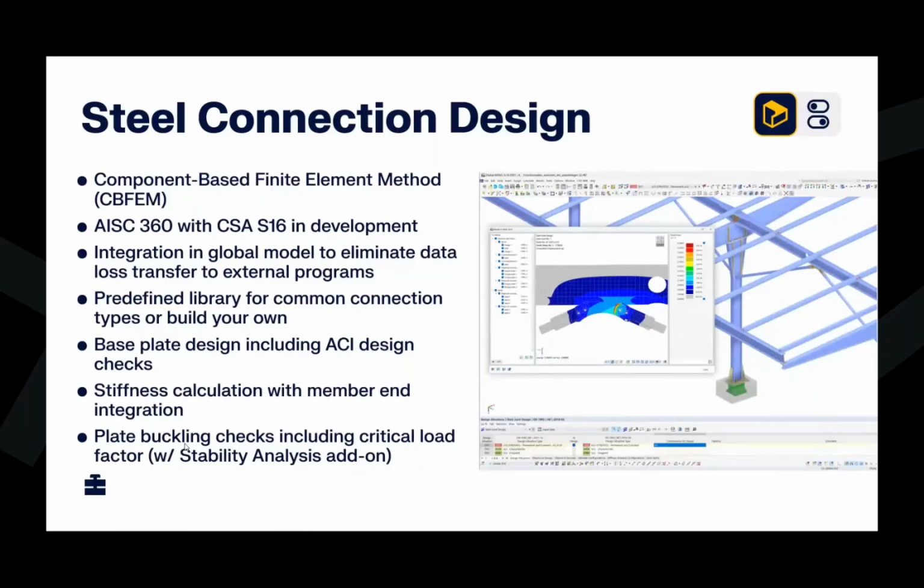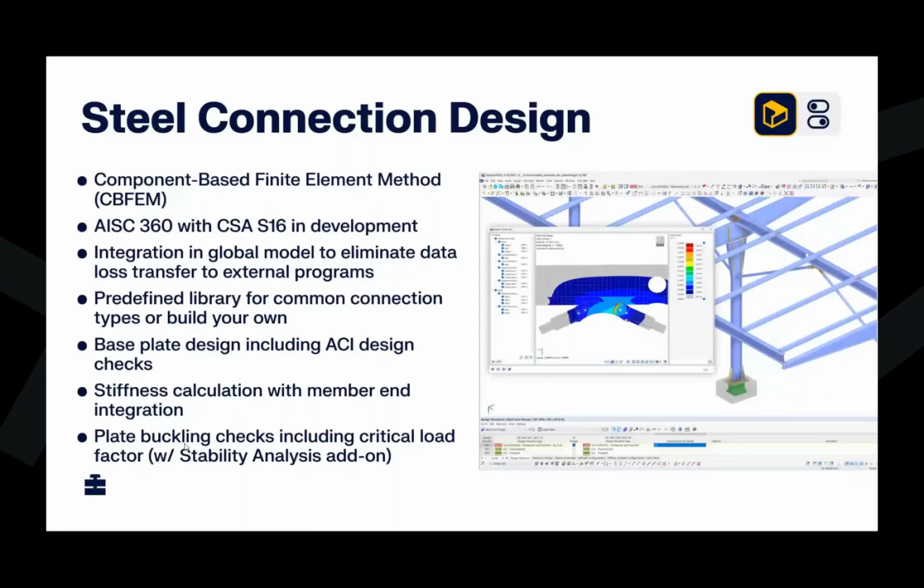And with the click of a button, we can actually export out the stiffness to the member end condition. So therefore, when we're designing our member, we're taking into account the true stiffness of the connection with that K value, rather than considering it fully pinned or fully rigid.